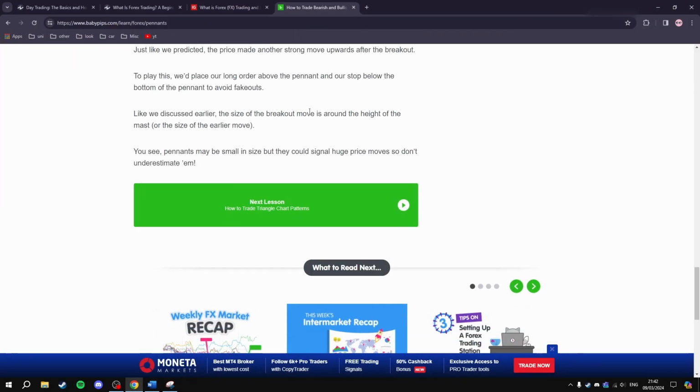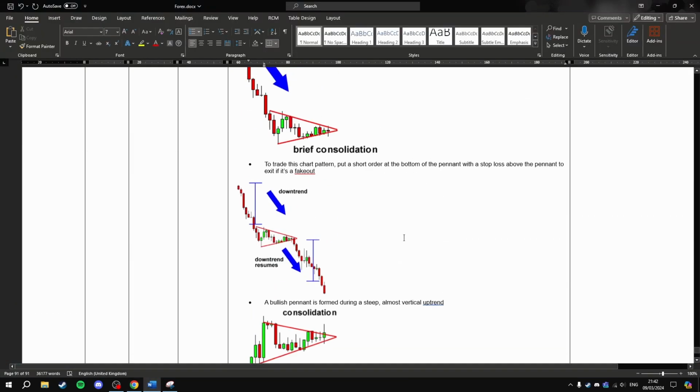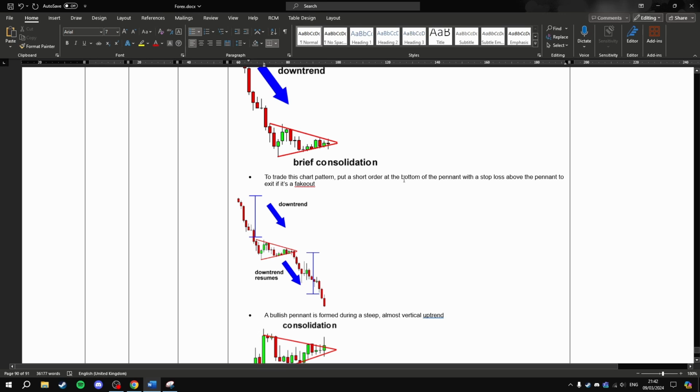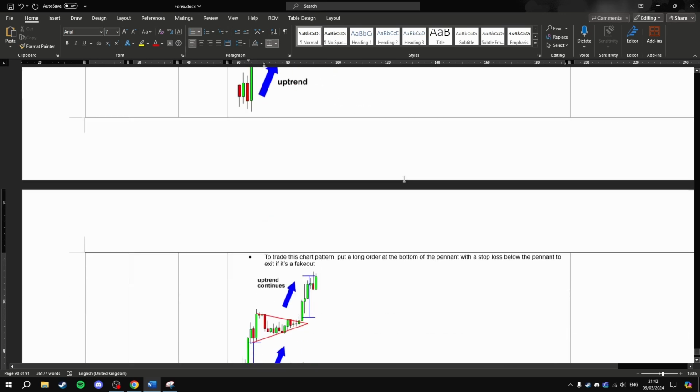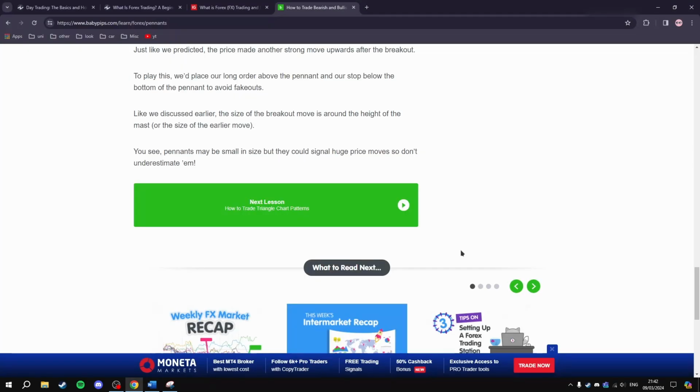I'll stop below the bottom of the pennant. Long order above the pennant. Put a long order above the pennant, stop below the bottom of the pennant.